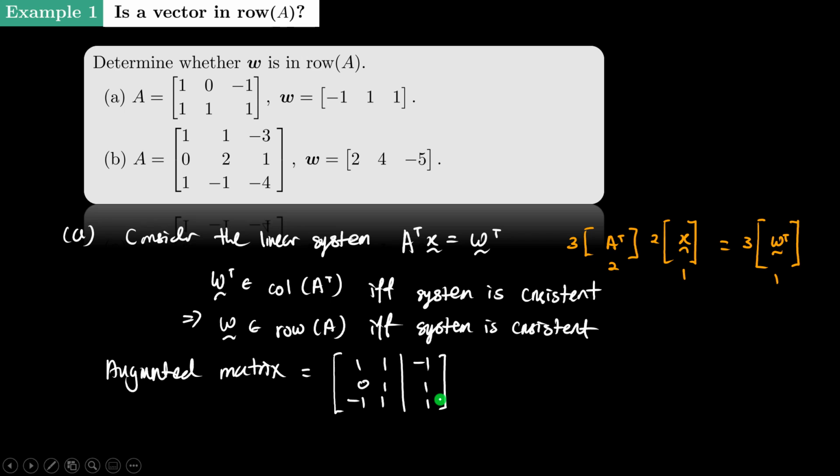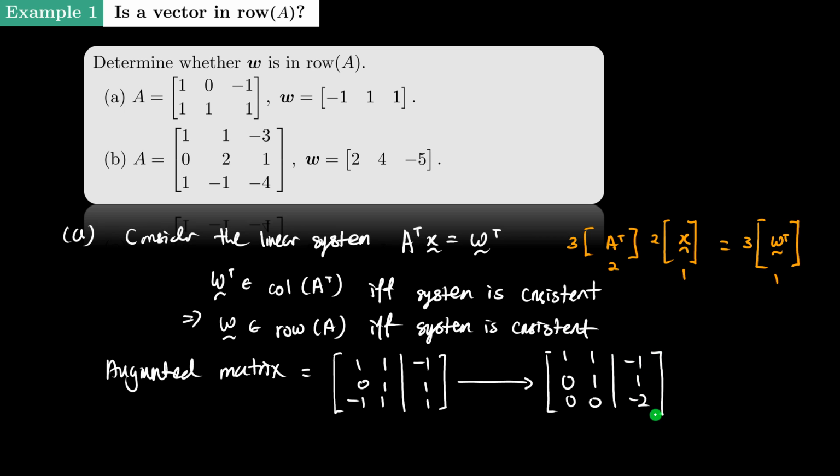You can row reduce it, and it can be shown that the result would be 1, 1, 0, 1, 0, 0, and the augmented column, minus 1, 1, minus 2. In this case, the last row here shows that the system is inconsistent. Therefore, W doesn't lie in the row space of A.